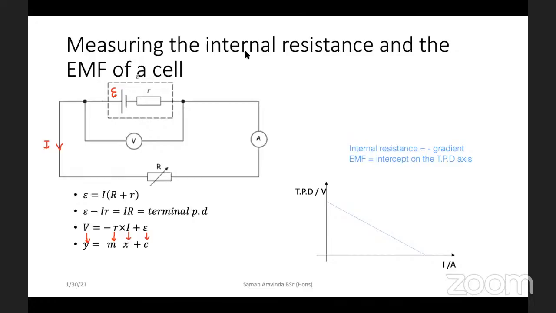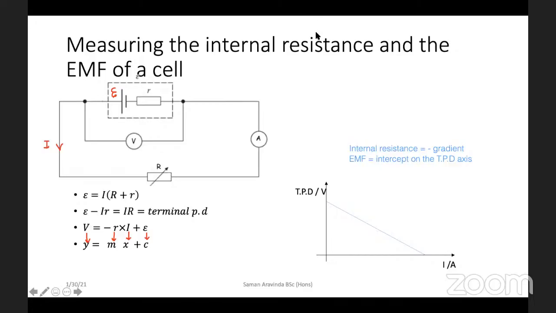Let's say the label on the battery is 1.5 volts. That epsilon will be 1.5, but when we measure V, it will be less than 1.5.